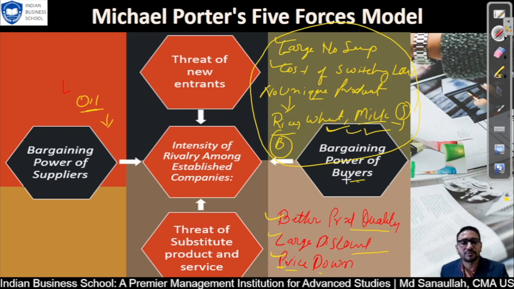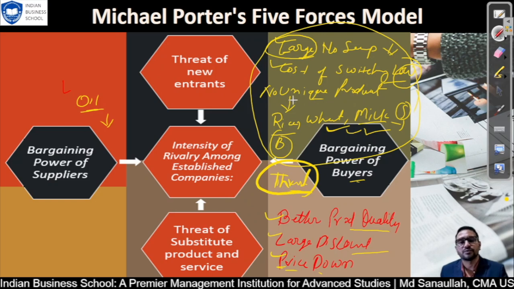So similarly, from a bargaining power point of view, if the condition changes, like the number of suppliers is very few, then this is your threat. Because suppliers are few, you cannot buy product from some other supplier, as there are very few suppliers out there who are selling. And if the cost of switching is high instead of low, then again it is a threat for you.